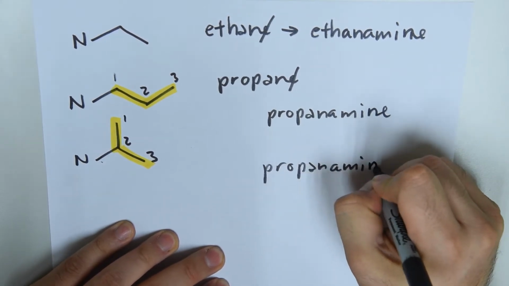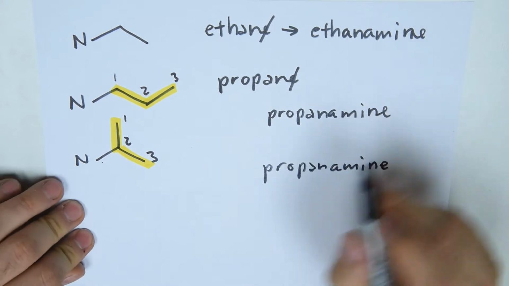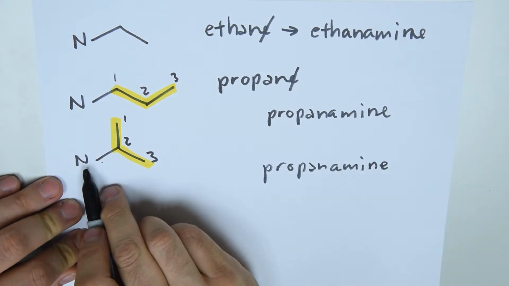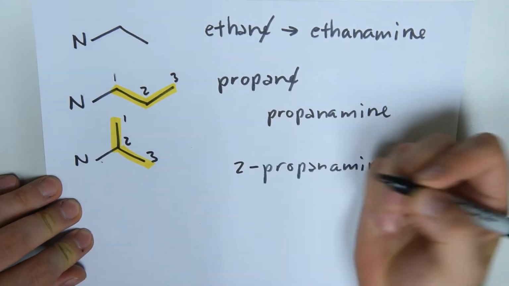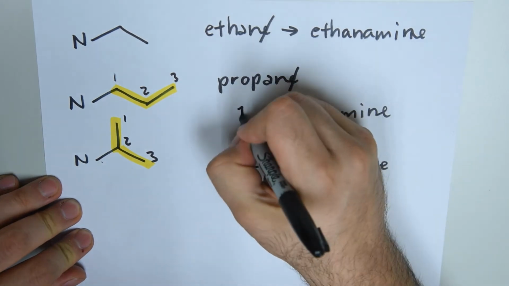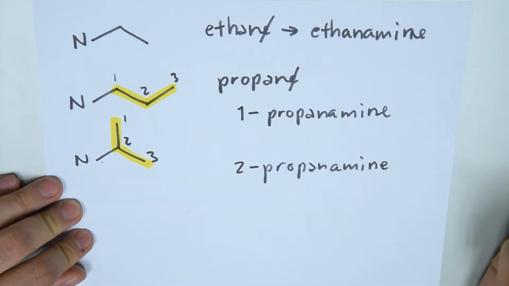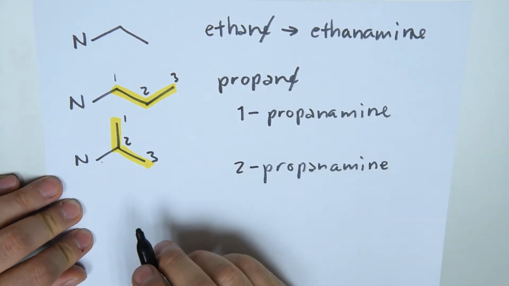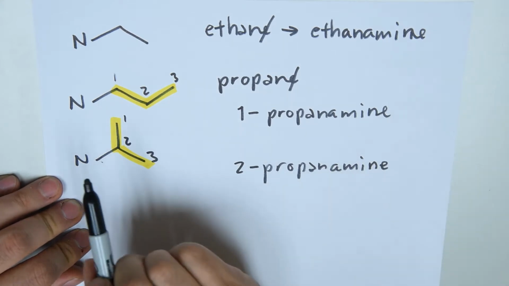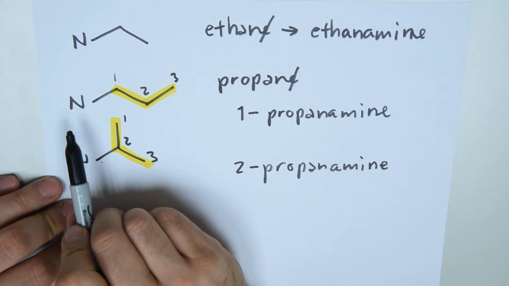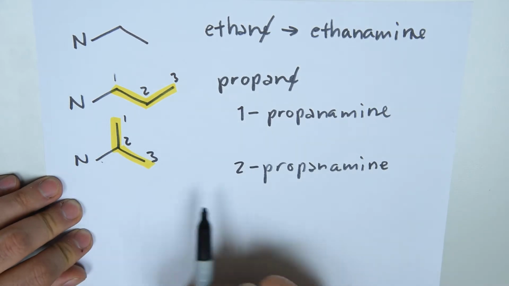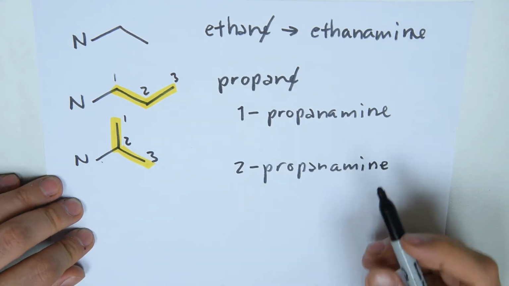So what is the difference? Here, the amino group is located at number 2. So I add the number 2 at the beginning. And here we add the number 1, or it depends on what your teacher says. You might not have to add the number, assuming automatically that the amino group is at the first carbon. So propanamine.